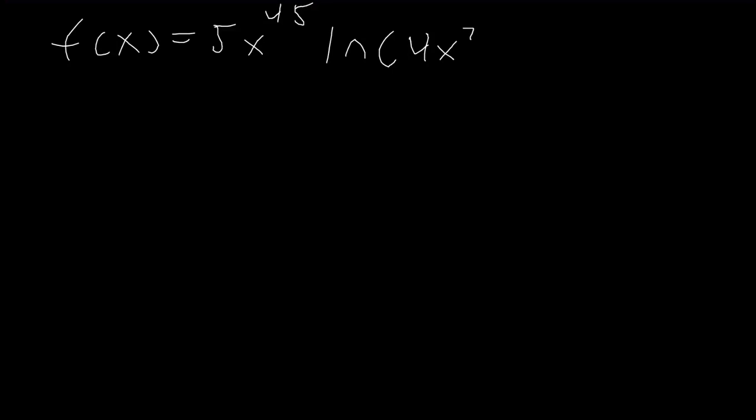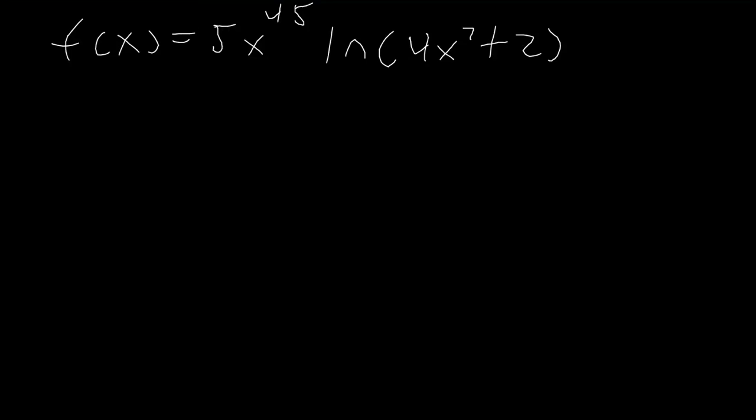Now let's do our final example. So f of x equals 5x to the power of 45, that's awful, sorry, 5x to the power of 45 multiplied by ln of 4x to the 7th plus 2.